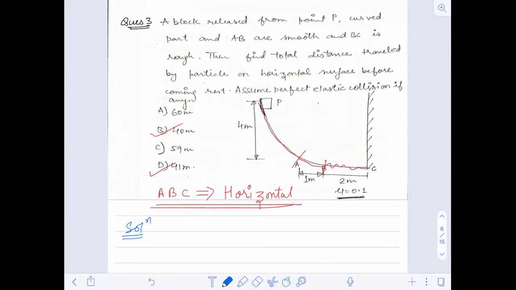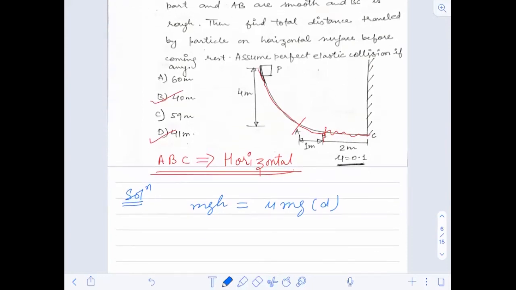Potential energy will get reduced and that potential energy gets converted into kinetic energy. And from B to C, the dissipation of energy will take place because of friction. So now I have to find out the length. mgh, which is the potential energy at P, will be equal to mu mg into, I am assuming, total distance which it has to move on.